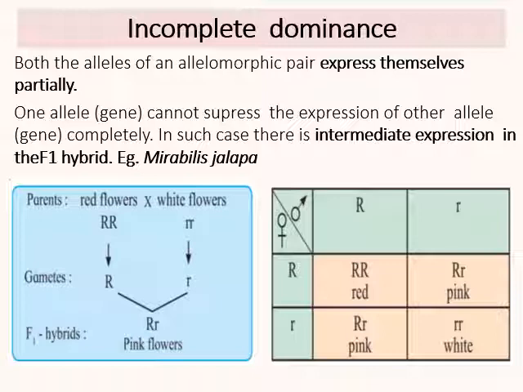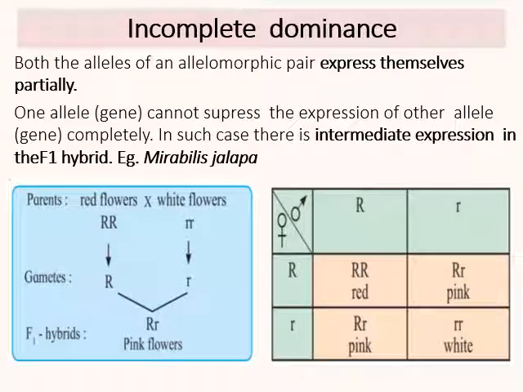Now see incomplete dominance. When we studied the law of dominance, we found that one of the pair of alleles expresses itself while the other is suppressed. The one which expresses itself in F1 generation is called the dominant allele. But in incomplete dominance, both the alleles express themselves partially. It is due to this that it is called incomplete dominance.